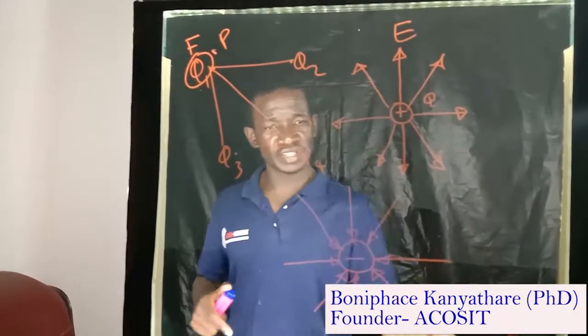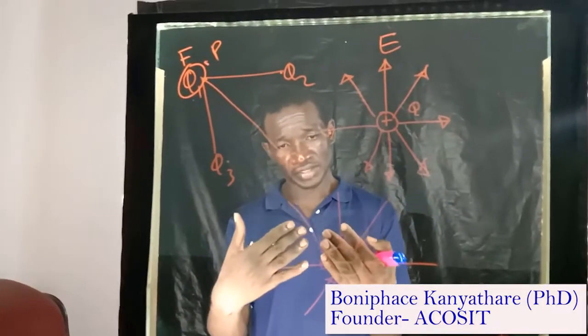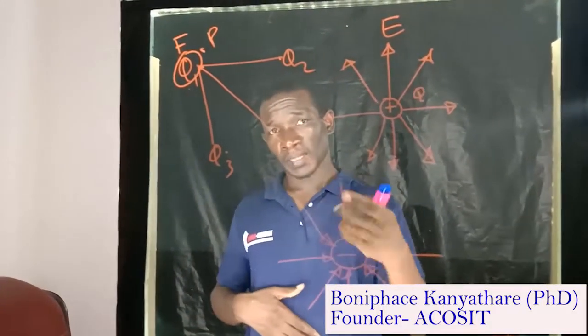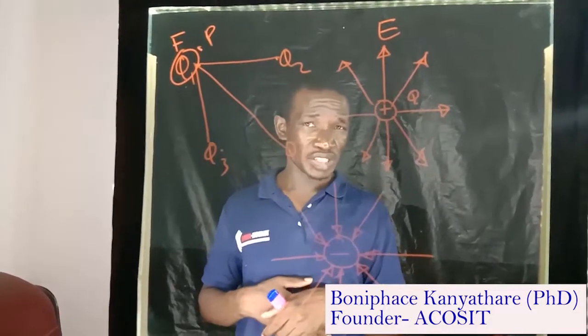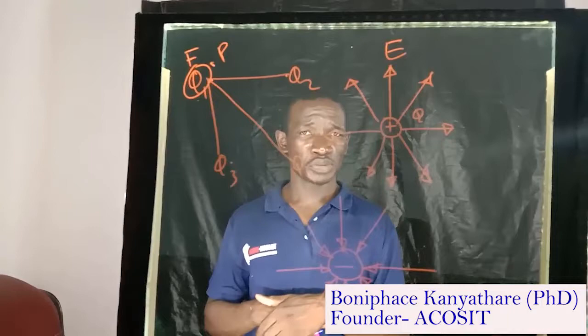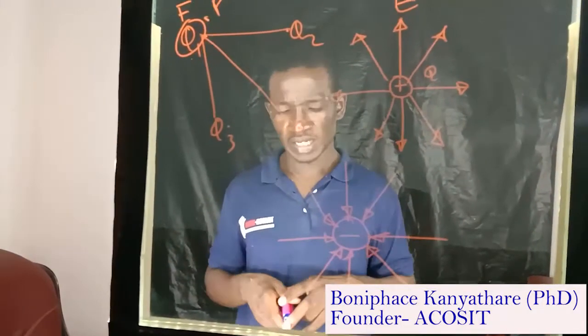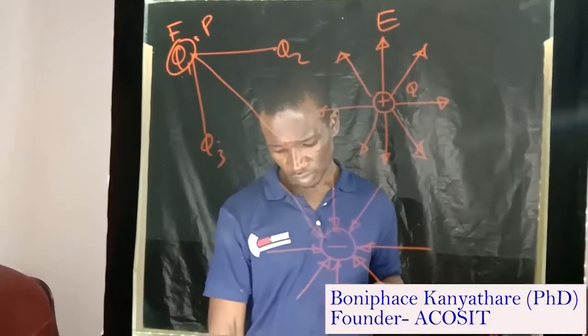So the electric field due to a negative charge will point towards the charge. The direction of the electric field will be towards the charge. The direction of electric field when we have a point charge which is positive will actually be away from the charge. These are few points that are important for us to note.